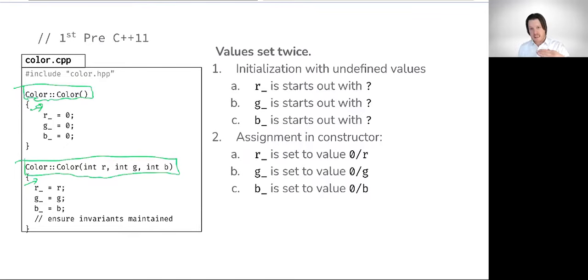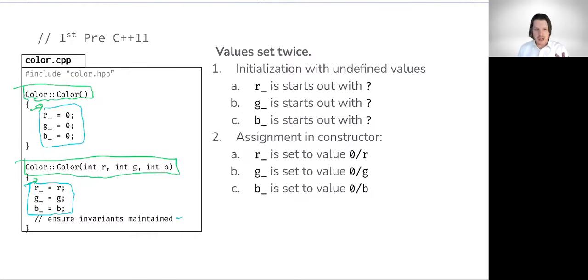So they're initialized with undefined values, and then in either the default constructor or the parameterized constructor, we then assign. This is assignment. This is not initialization. We assign values to R, G, and B respectively: in the default, some sensible starting value, and in the parameterized, whatever is in the parameters R, G, and B. Notice that I'm not showing the checks on whether those values were indeed valid, but you should ensure the invariants are maintained.